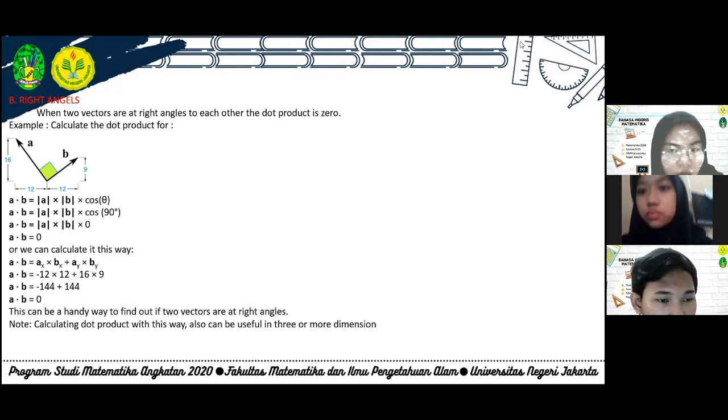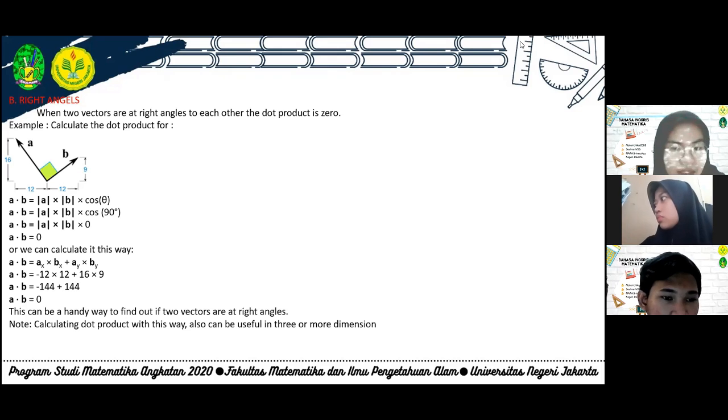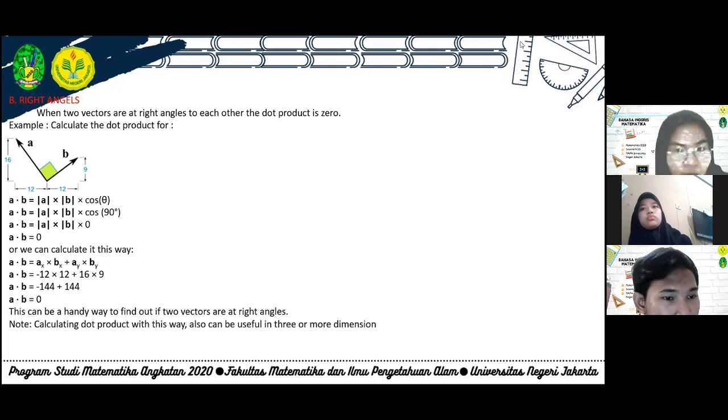Or we can calculate it this way. Dot product of vector A and B equals Ax multiplied by Bx plus Ay multiplied by By. Dot product of vector A and B equals minus 12 multiplied by 12 plus 16 multiplied by 9. Dot product of vector A and B equals minus 144 plus 144.